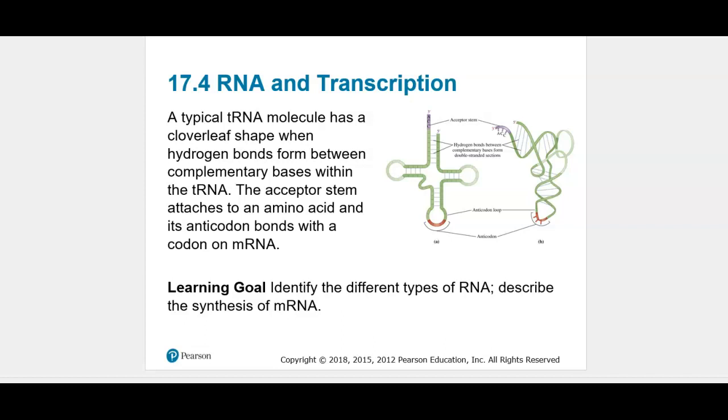You see here the picture on this slide is a typical transfer RNA molecule. It's the smallest of the nucleic acids, ranging from around 70 to 90 nucleotides, and they have a unique clover leaf structure.